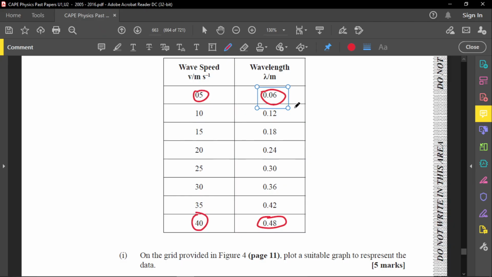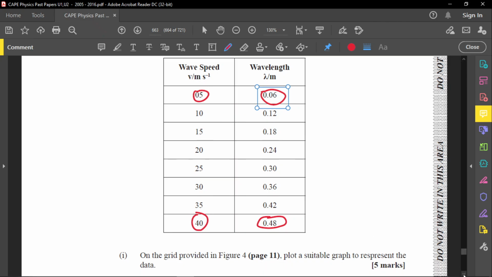Why I'm doing this is to include as many points as possible in my calculation, just in case you have any variation within these numbers. Luckily the numbers are equal as well. So it is going to be 0.48 minus 0.06 and 40 minus 5.